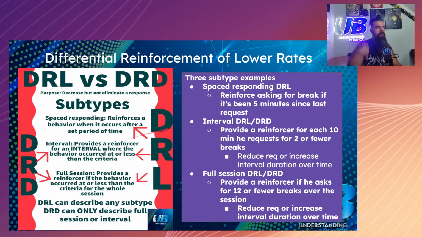If it's describing space responding DRL, then this cannot be called DRD. It needs to be called DRL. So again, the rule here is that if it's space responding, it's always going to be DRL. If it's interval or full session DRL, then we should call it DRD. It's a little bit more accurate. But if you just call it interval DRL, it means the exact same thing as interval DRD.